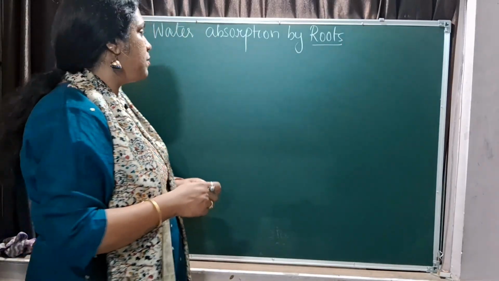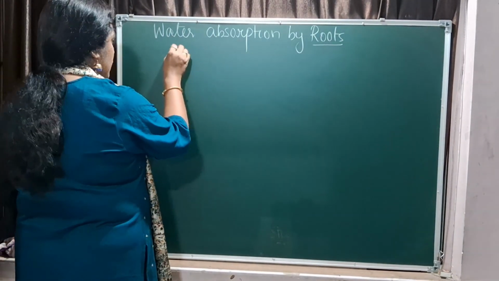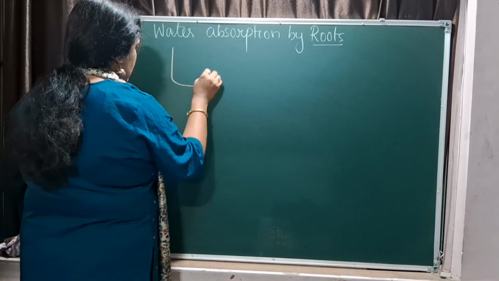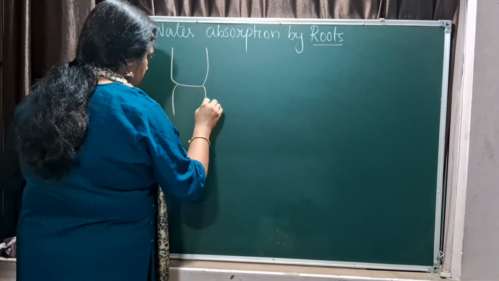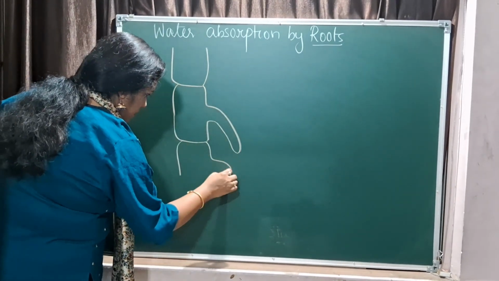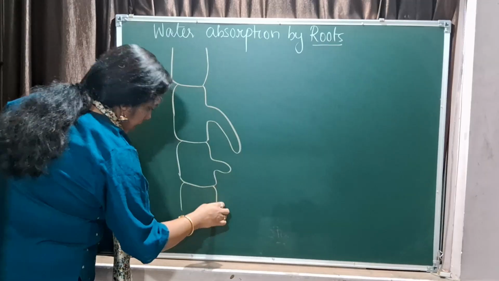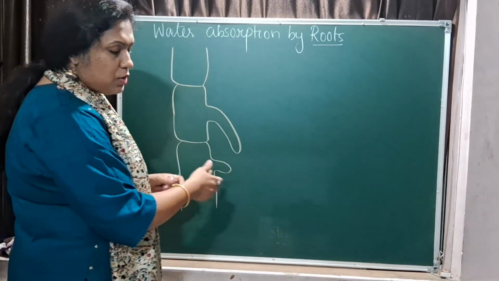First, the diagram is important. Let me draw the cell wall first. You know we are drawing a plant cell. I have just tried to show a complete root hair and an emerging root hair.